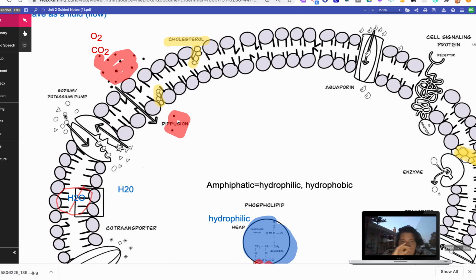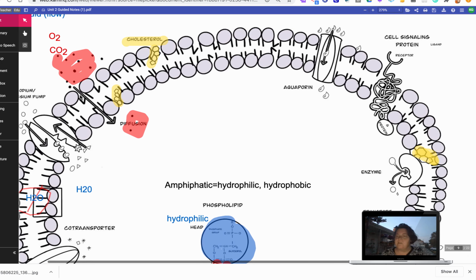This is actually not correct. The direction of these arrows is wrong here. It should be 3 sodium out and 2 potassium in at the expense of 1 molecule of ATP. So that is a sodium potassium pump, and that's going to require energy.